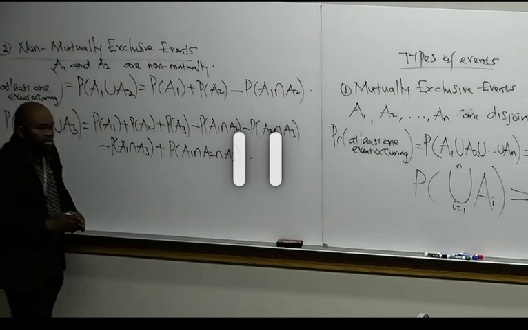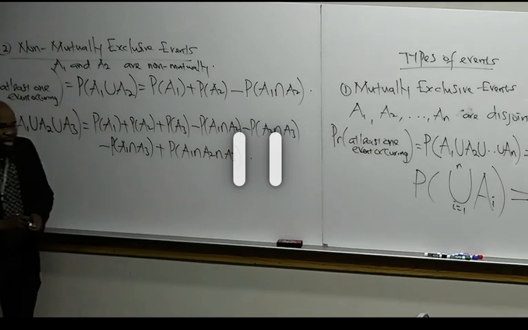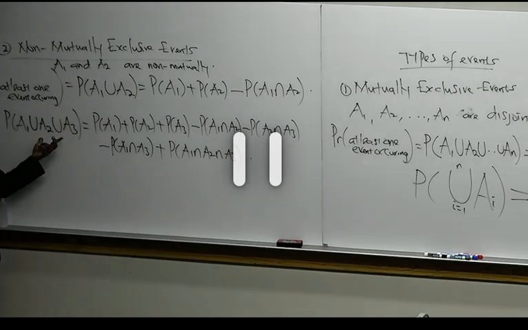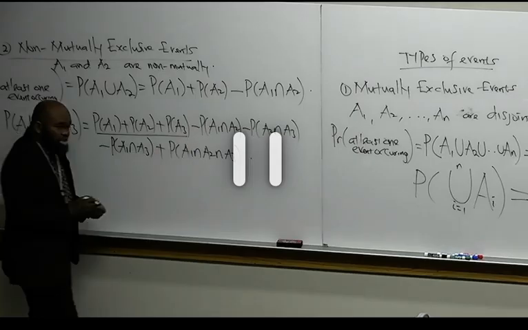Now, in a situation where I have 3 events, and these 3 events are non-mutually exclusive, and I want to find the probability that at least one event occurs, this is what I'm going to get. This is for 3 events. This is for 2 events.